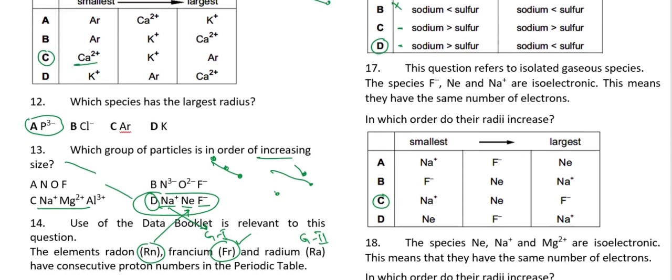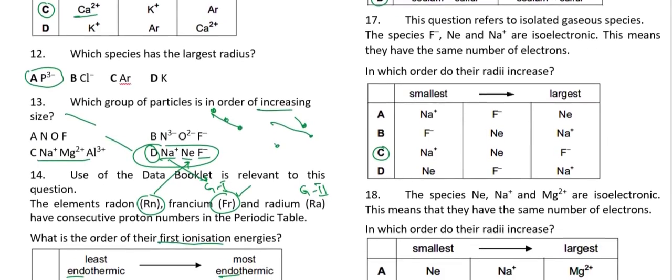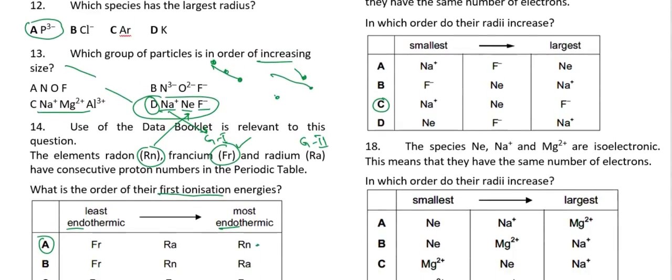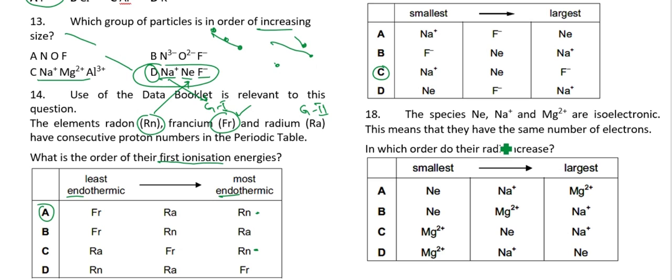Next, and I think it is the last question, again the same style, same question but with different elements: neon, sodium and magnesium. Sodium and magnesium are both in the same period, but not neon. You can see across the period size is decreasing.